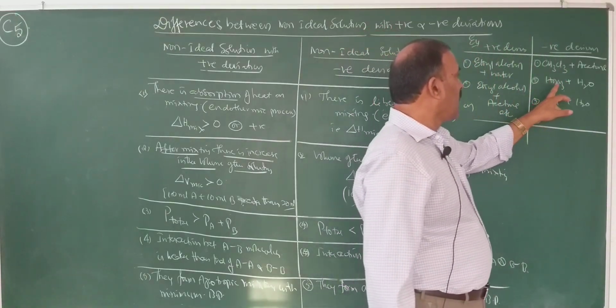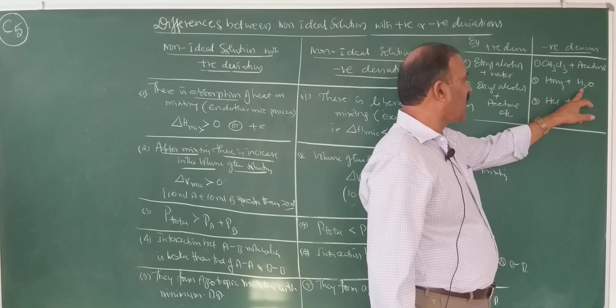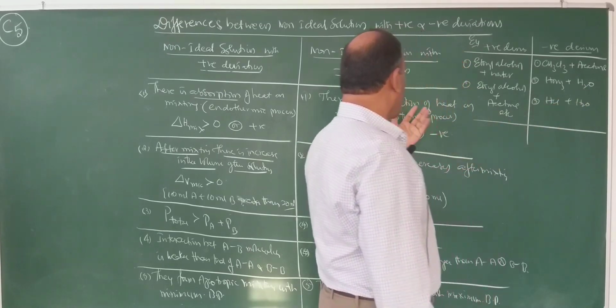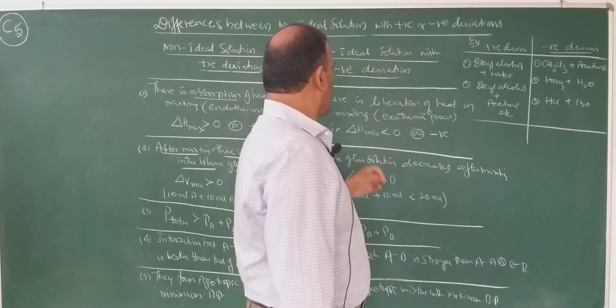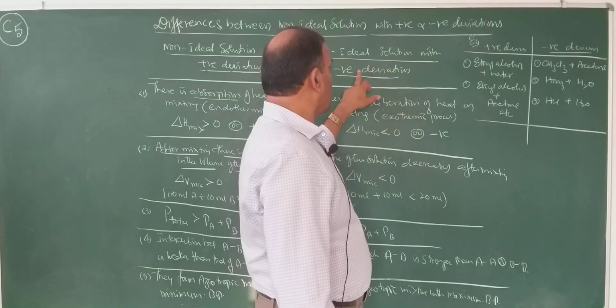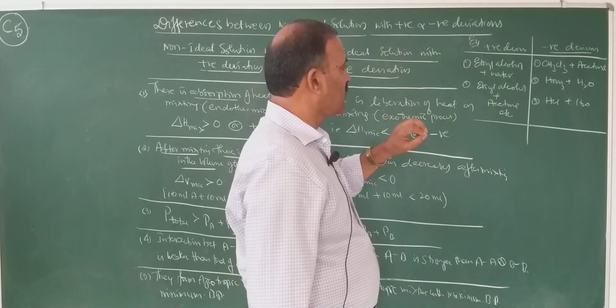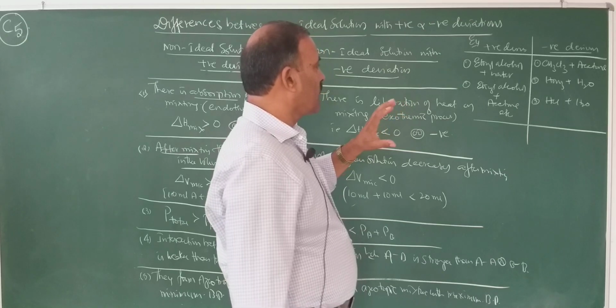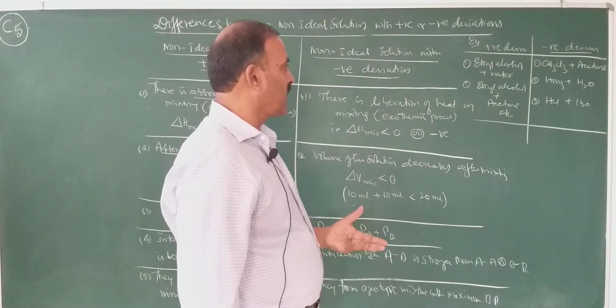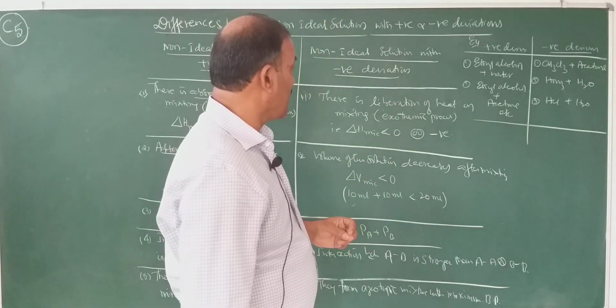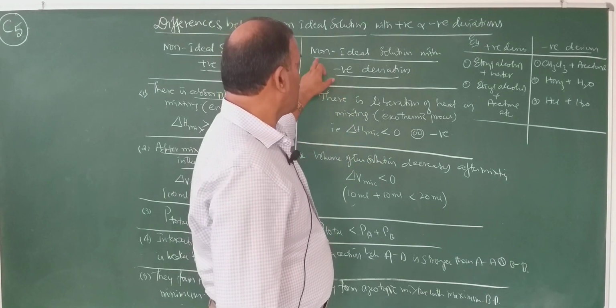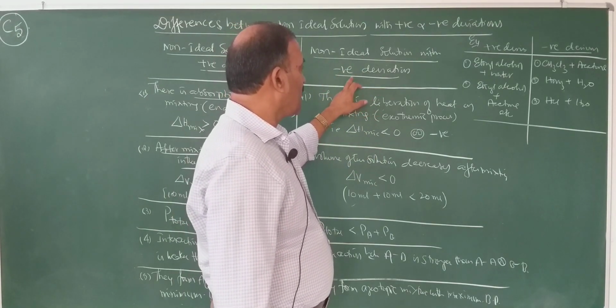For example, when HNO3 is mixed with water, heat will be liberated. So you will be asked in the examination, if two liquids are mixed with each other, if heat is liberated, what is that solution? You have to write, it is a non-ideal solution with negative deviation.